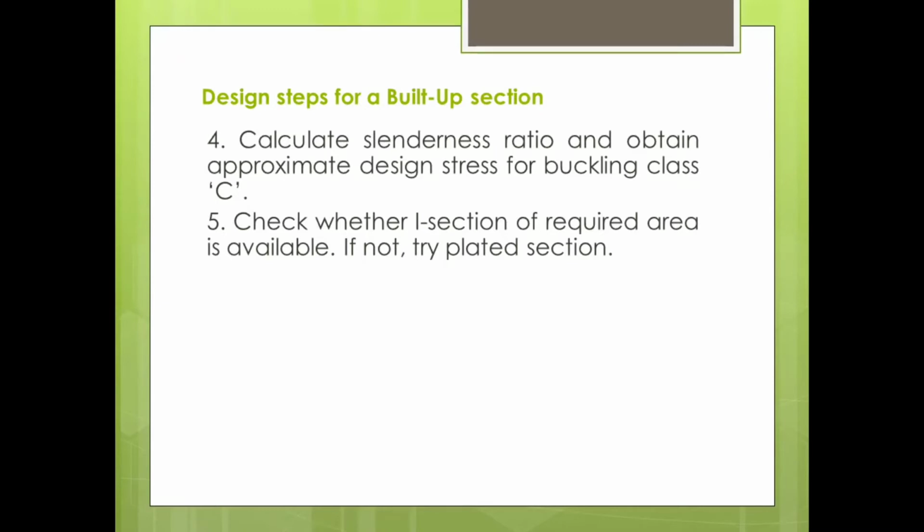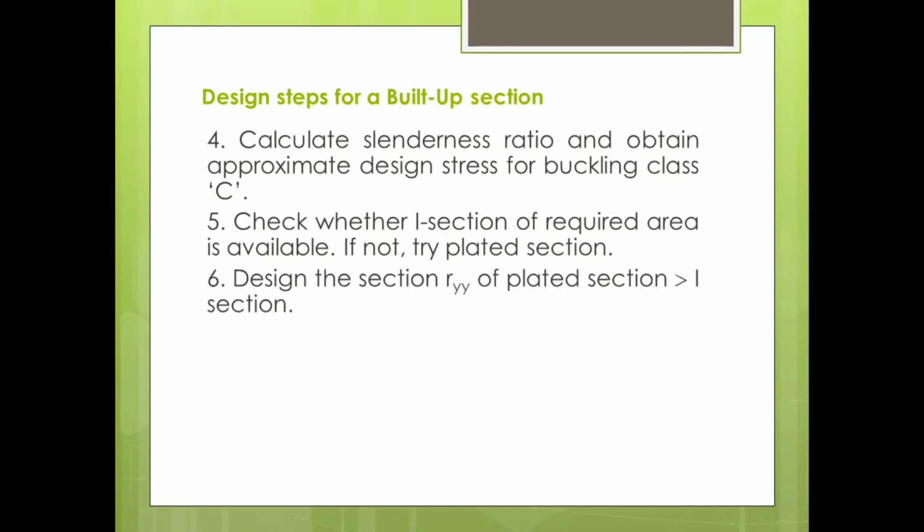Then what you can do is, you can add some additional parts to the selected section and you can increase the area. It means an I section with cover plate or channel section with cover plate. Then design the section RYY of the plated section, and this should be more than the RYY value of the I section.